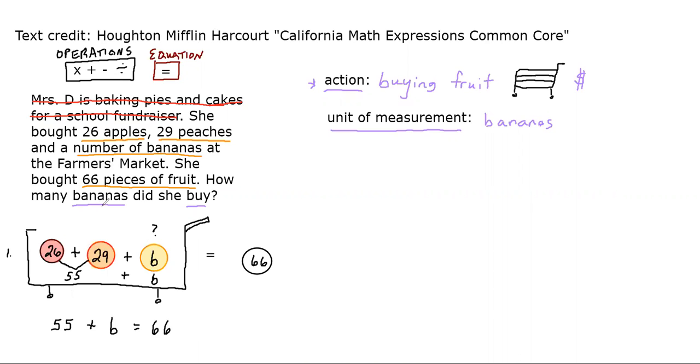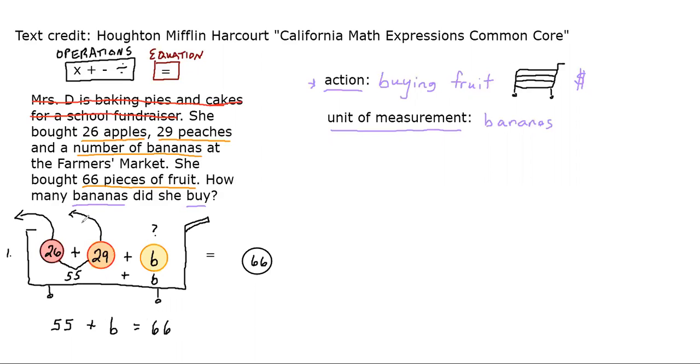So let's look at the equation and figure out what operation would help you find out the answer for B. And if you can't understand what to do next from just the equation, we can come back to our shopping cart. If I want to find out how many bananas there are in this cart, I would take out the other pieces of fruit so that only the bananas are left.